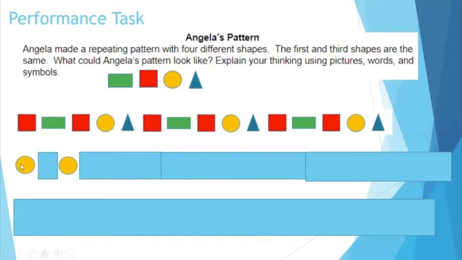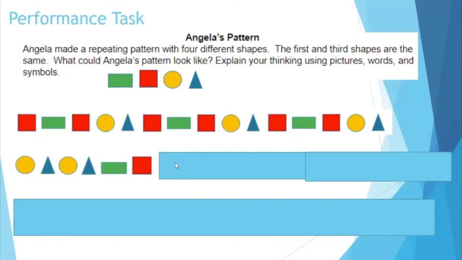Here's another option that I came up with. I made sure that my first and third shapes were the same. Then I chose where to put my other shapes. Now this time I have circle, triangle, rectangle, square. And that's going to be my core, which means that repeats.